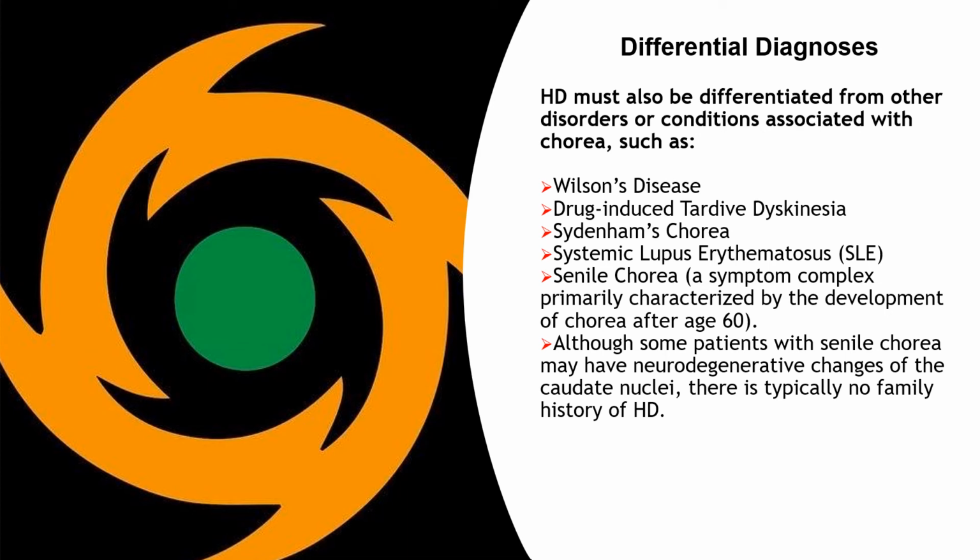And although some patients with senile chorea may have neurodegenerative changes of the caudate nuclei, there is typically no family history of Huntington's.